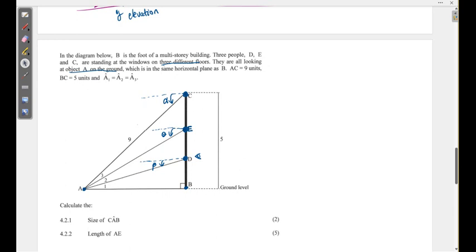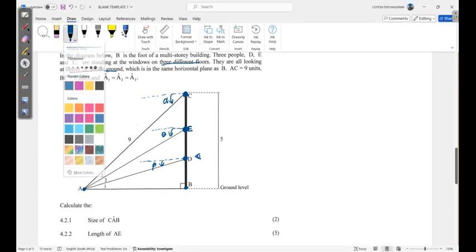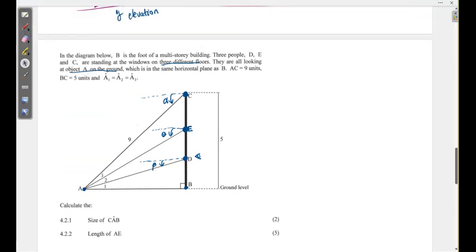Now let's understand the following. Whenever you have an angle of depression, you're going to have an angle of elevation. Why am I saying that? When you look at the object at A, if the object were to look at this person D, the object would have to tilt their head up so that they could see D. The normal eyesight level will be this one, but they will have to tilt up.